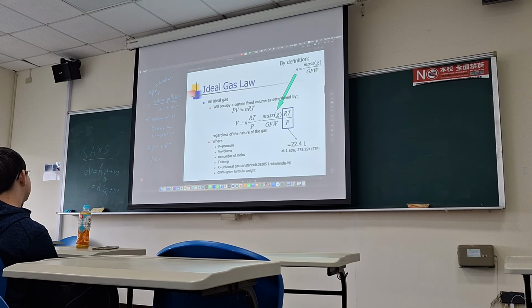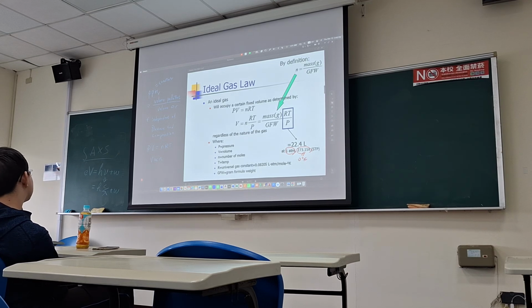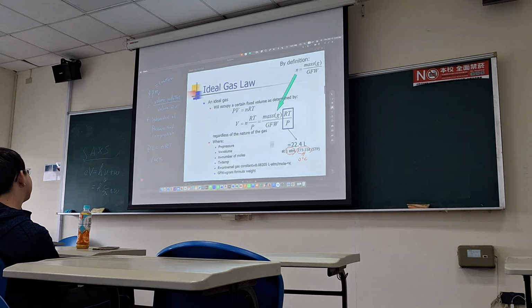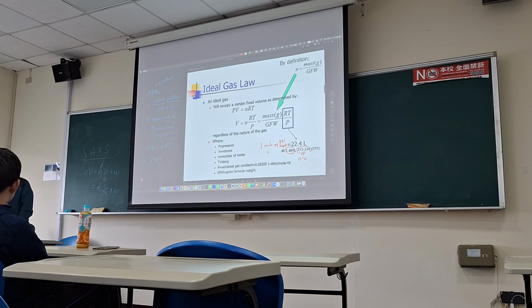Just rearrange: V equals n times RT over P. At 1 atm and 0 degrees Celsius, which equals 273 Kelvin, 1 mole of gas sample equals 22.4 liters. Understand?